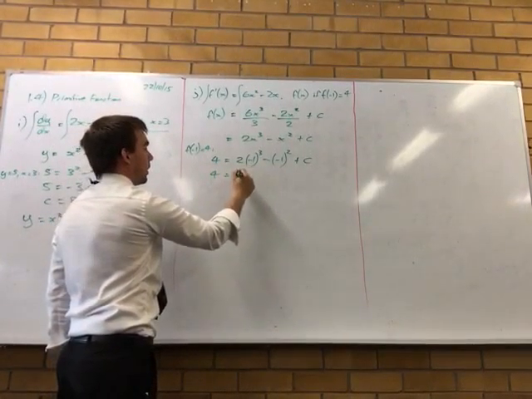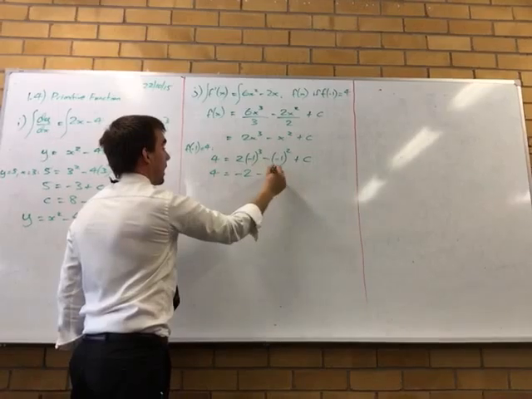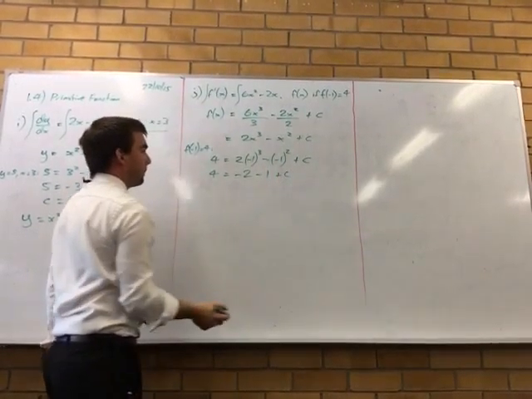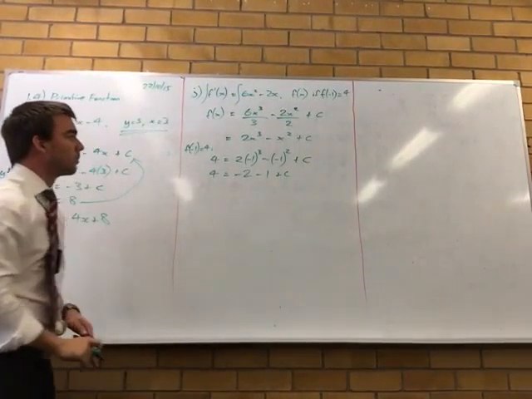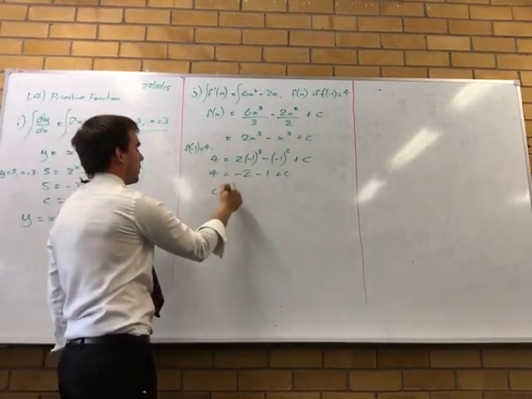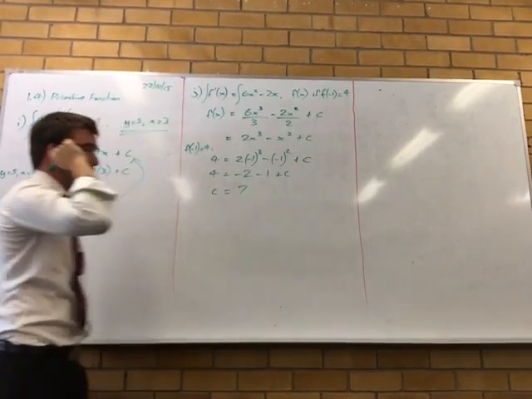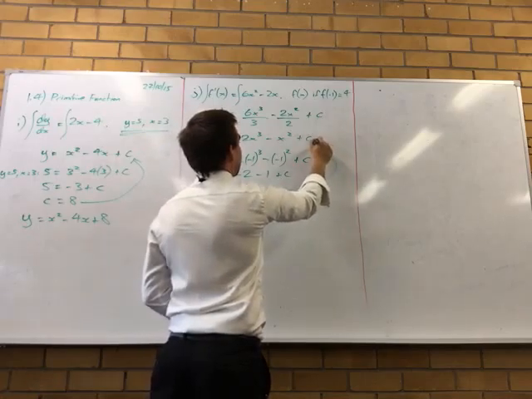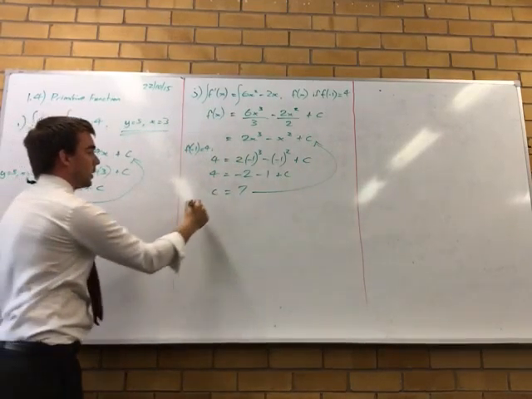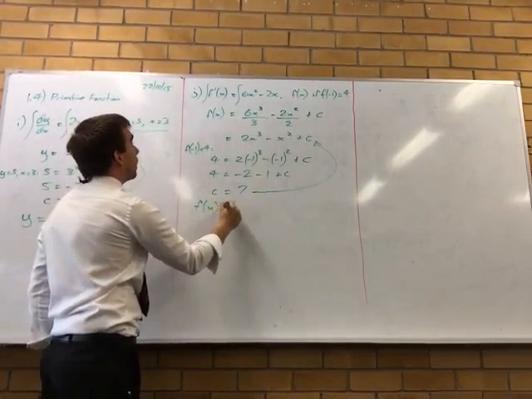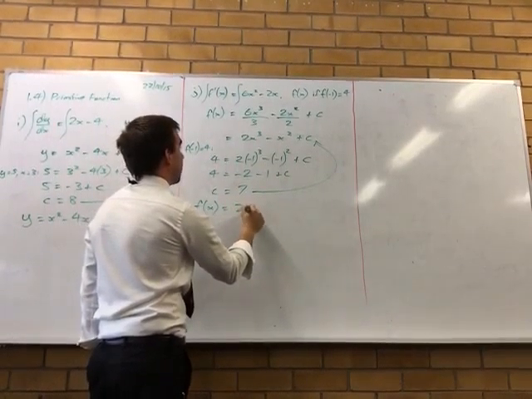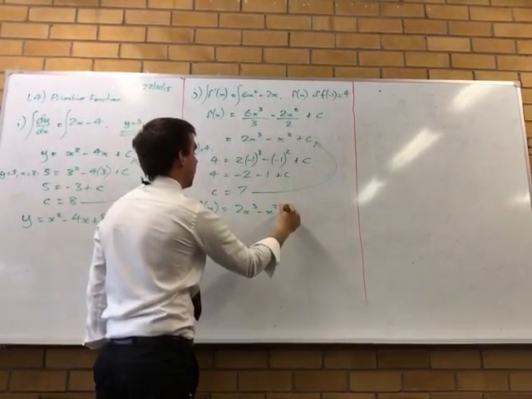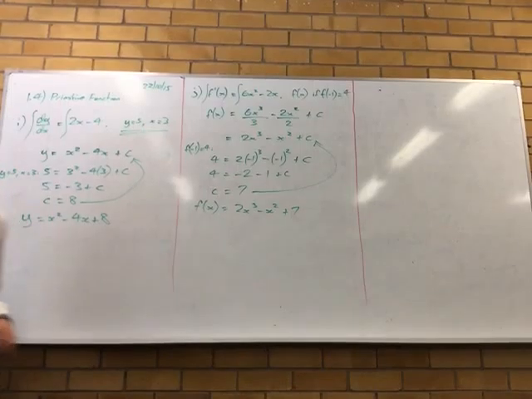So 4 is going to be -2, take away 1, plus c. And then solving that, we're going to get c is 7. Once you work out that value for your constant, you just simply plug it in. So f of x is equal to 2x cubed, take away x squared, plus 7.